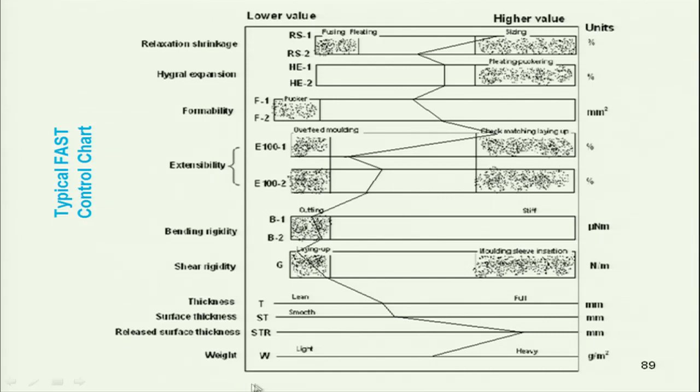In one diagram we get all the characteristics like relaxation shrinkage, hygral expansion, formability, extensibility, bending rigidity, shear rigidity, thickness, surface thickness, released surface thickness. When the curves come in the shaded zone, it gives an indication that there may be some problem, and one must take care of it.